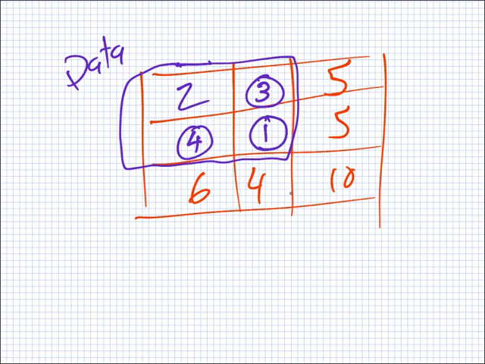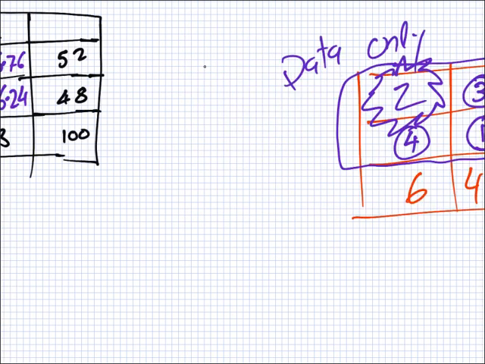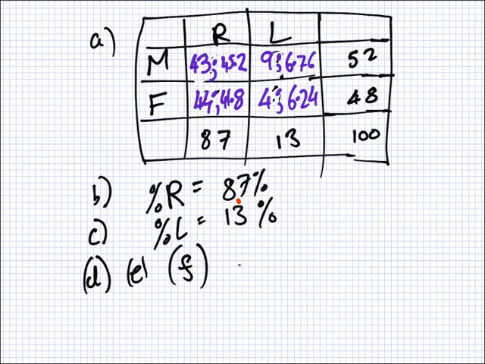So how many of these can truly change? Only this one. The moment you know this, the other three fall into place. There is only one degree of freedom. Okay, good. Degrees of freedom equals 1.